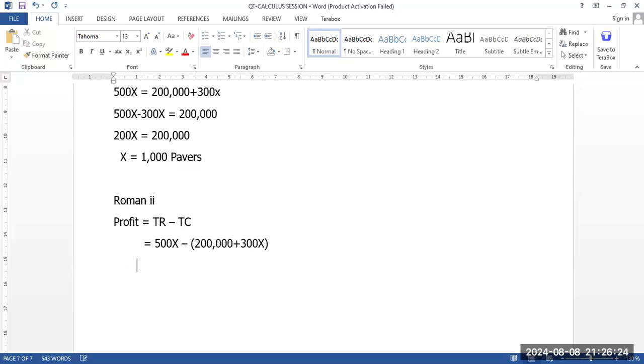So if you open brackets, this will be 500x minus 200,000, then minus 300x, because minus times a positive gives a minus. That's why I said putting a negative, everything in a bracket, is very key.